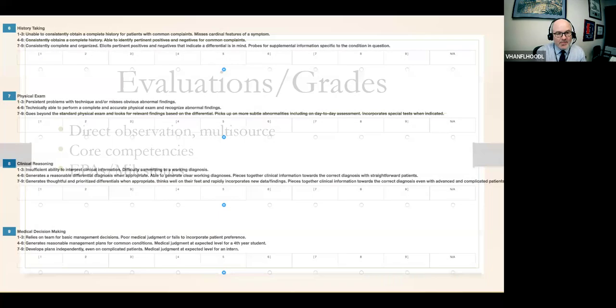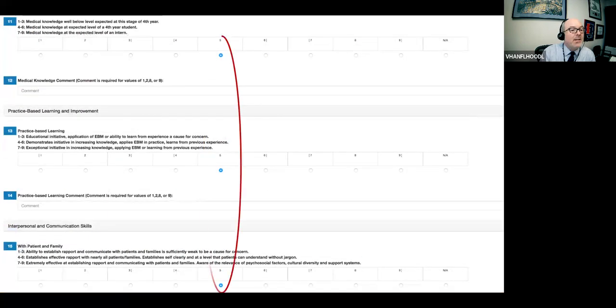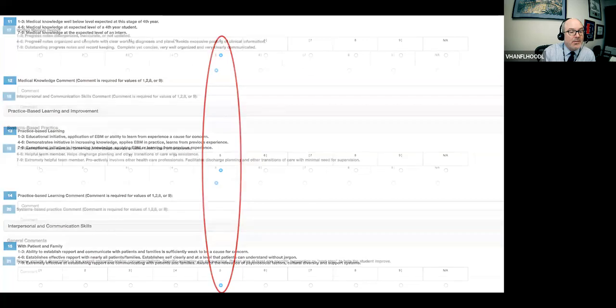Part of the reason I have problems with this is one of our evaluations, and this is a fairly typical evaluation I'll get from an attending or maybe a cynical resident. This is in the core competency of patient care skills. They gave them all 5s. Medical knowledge 5, PBL 5, interpersonal communication 5.